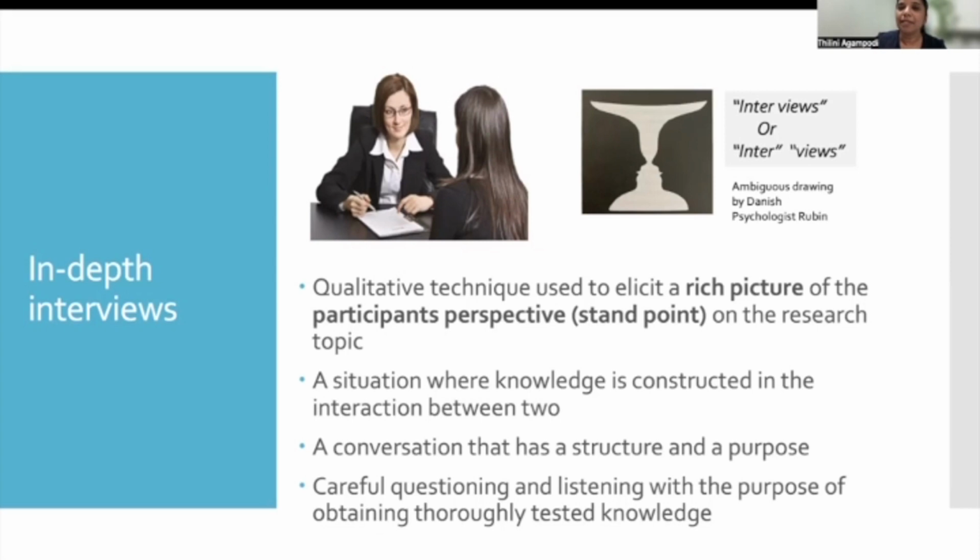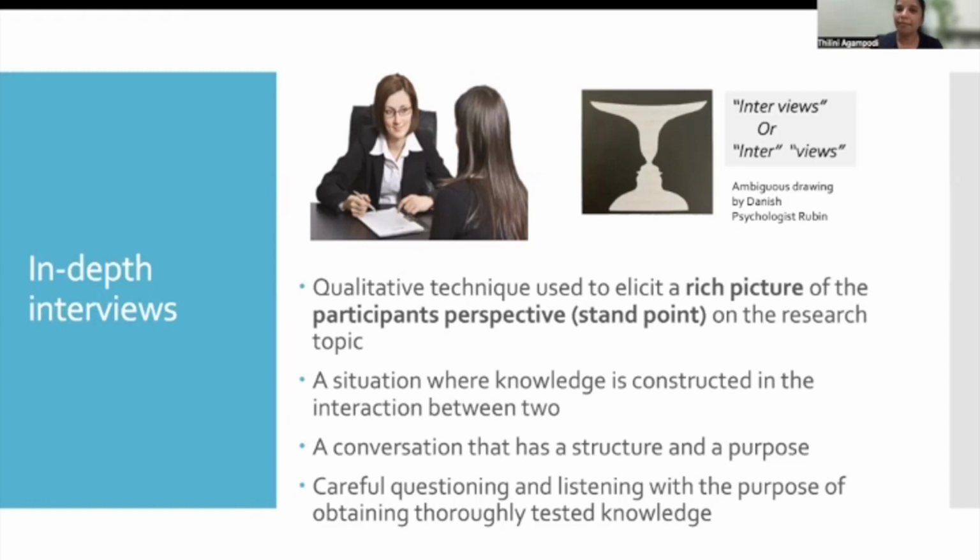This ambiguous drawing by the Danish psychologist Rubin gives an idea of interviews. If you can see this drawing, in one dimension you will see two faces, two people talking together. So an in-depth interview is an interview, a view between two people, an interaction between two people.